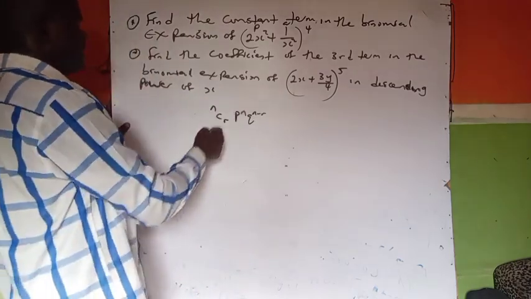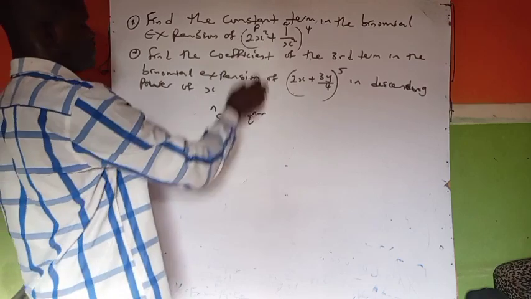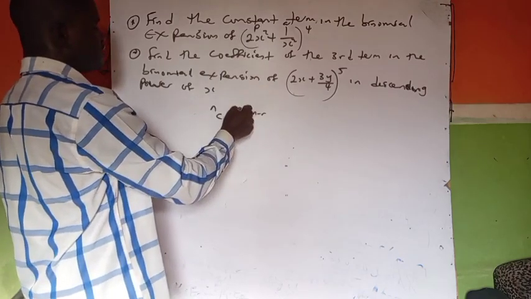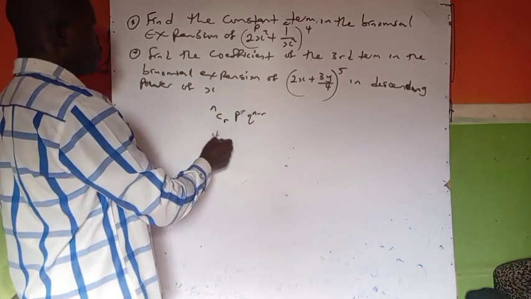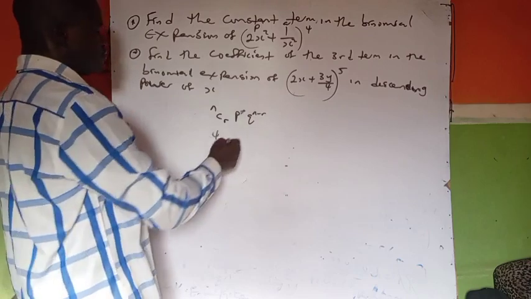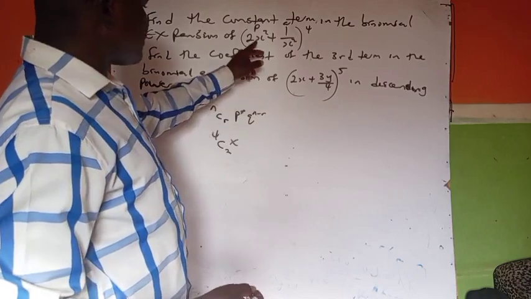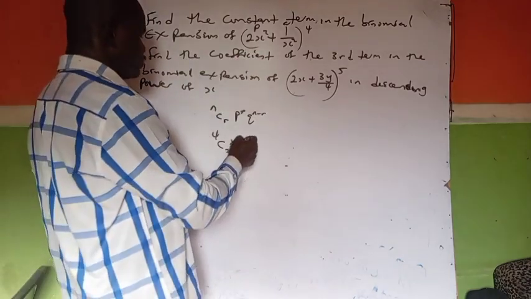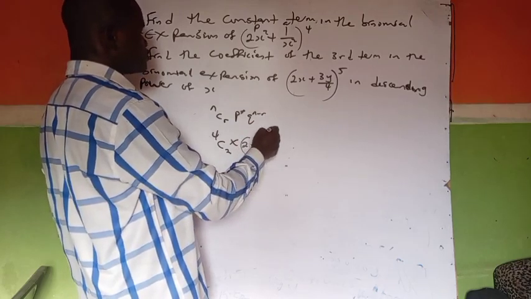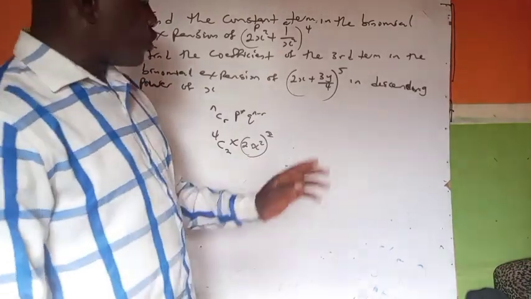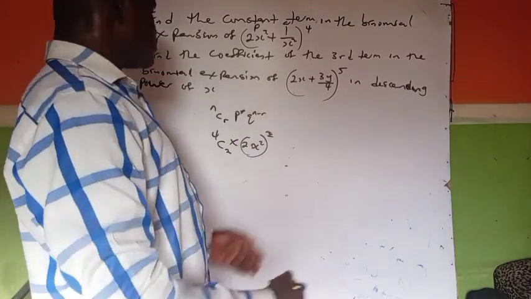So for the last one here you have r, and n is 4. So you have 4 combination 2 multiplied by P. The P you have here is 2x squared raised to power 2, because we've determined that when it is 2, they are going to cancel out.